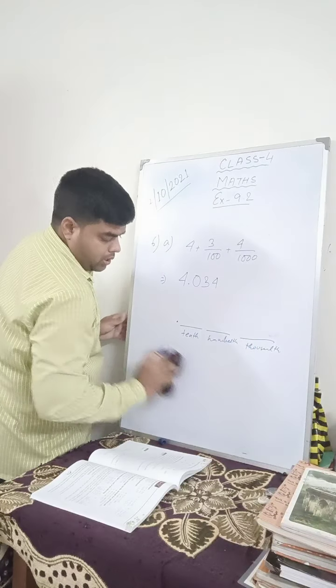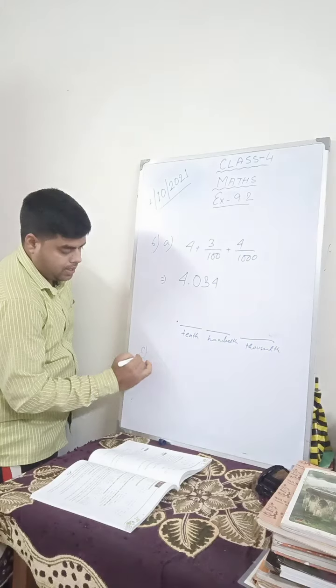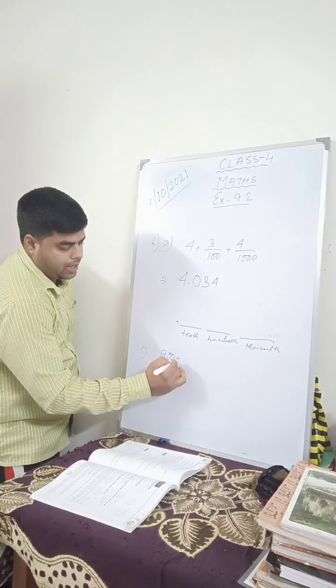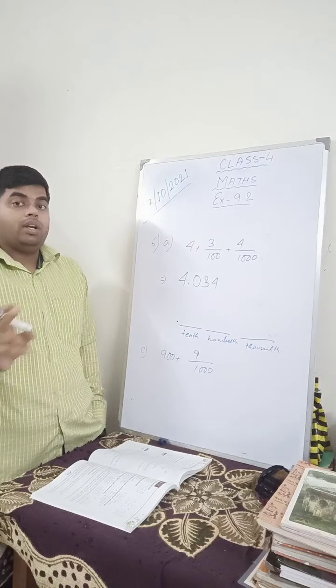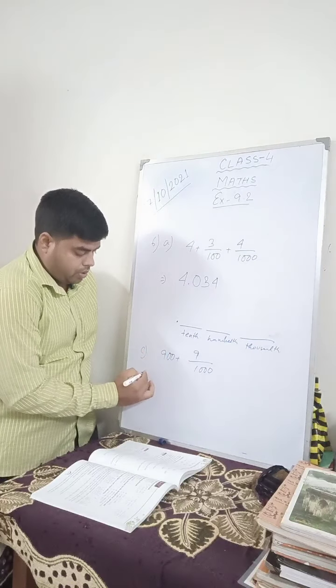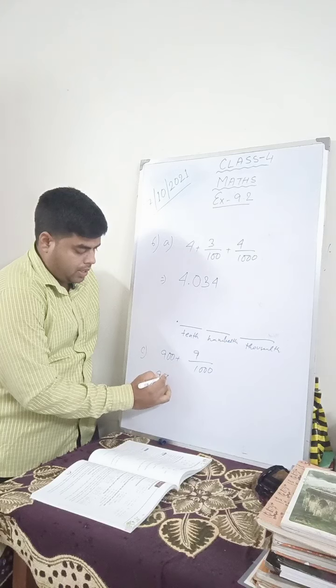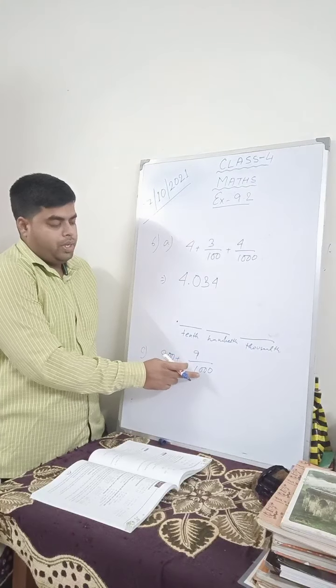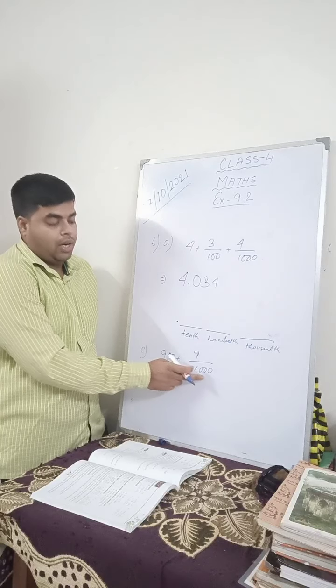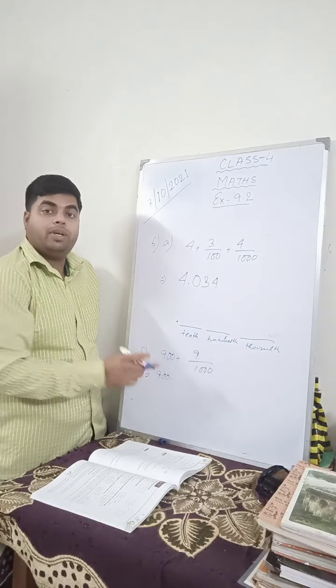Now suppose for question number C, they have said 900 plus 9 by 1000. So I said whatever the whole number is, you will write before the decimal. So 900 point, and 9 will be in the thousandths place. So the tenths and hundredths places are blank.